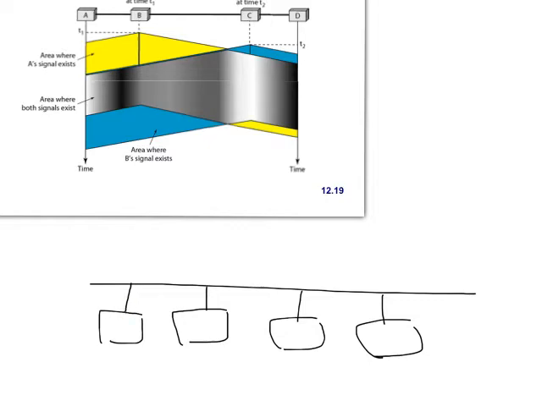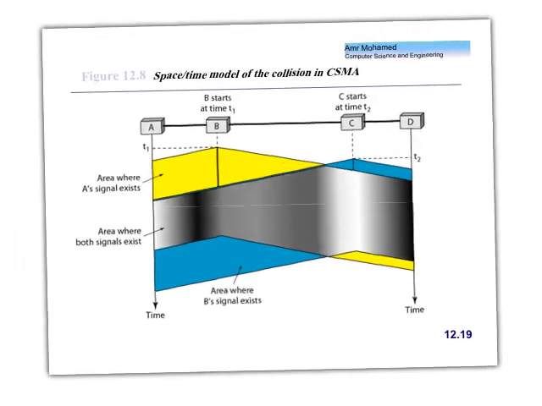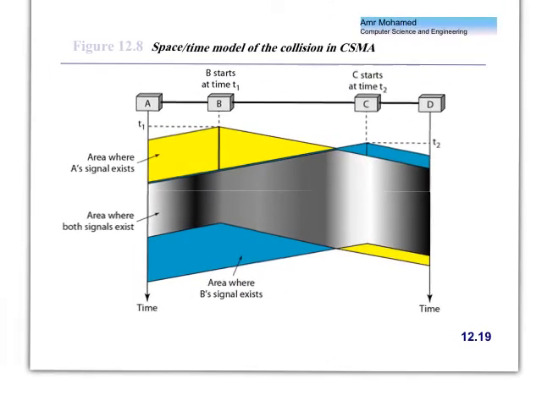If I detect some energy over the line, this means that most probably someone else is trying to send. So in that case, I will not enter the roundabout. This is what we call in communication systems carrier sensing.